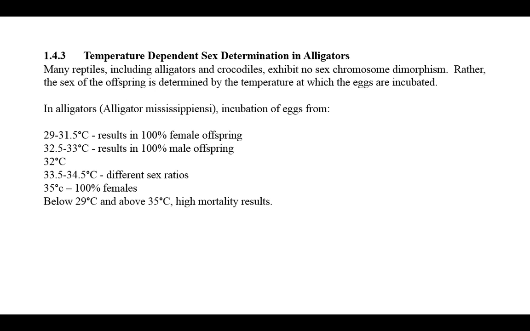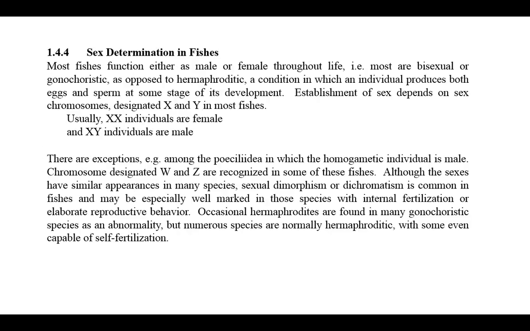As you can see in the table, others result in 100% male offspring from 32.5 to 33 degrees centigrade, and those resulting in different sex ratios, and higher mortality rates, are as depicted.